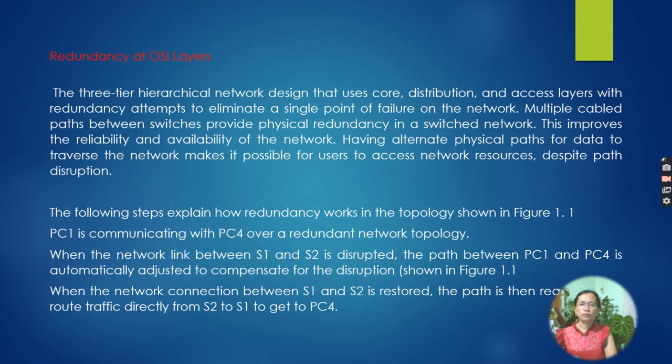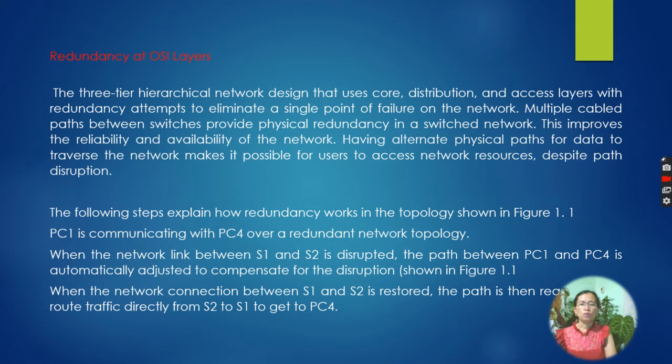The following steps explain how redundancy works in the topology shown in Figure 1.1. PC1 is communicating with PC4 over a redundant network topology. When the network link between switch 1 and switch 2 is disrupted, the path between PC1 and PC4 is automatically adjusted to compensate for the disruption, as shown in Figure 1.1.